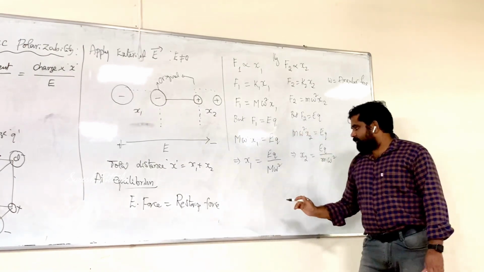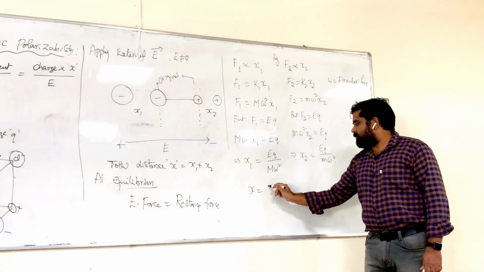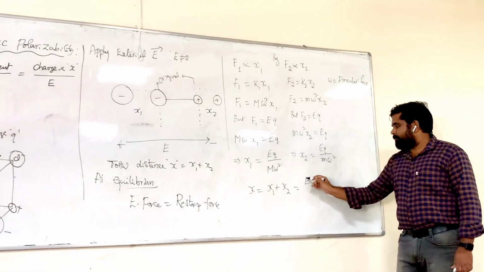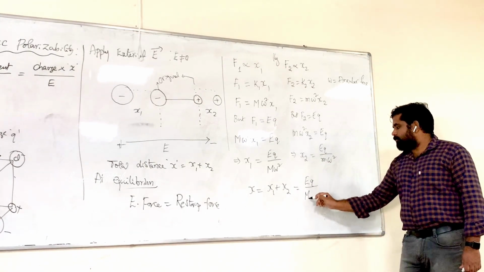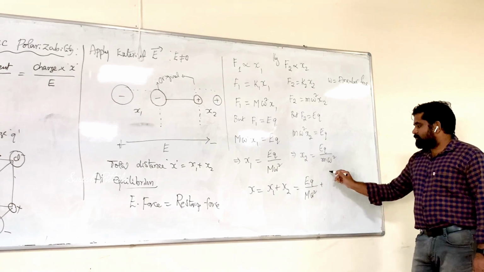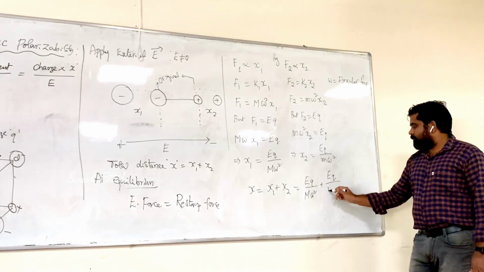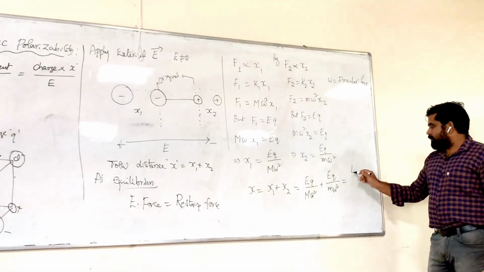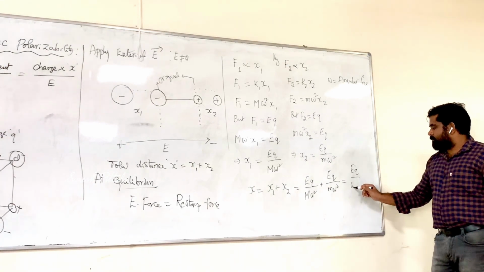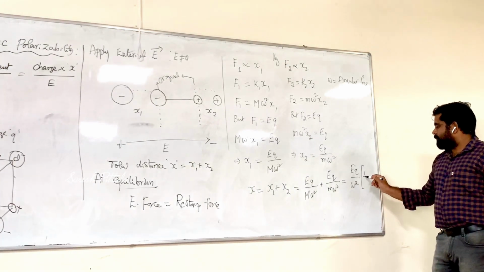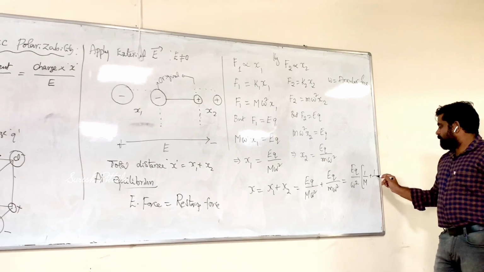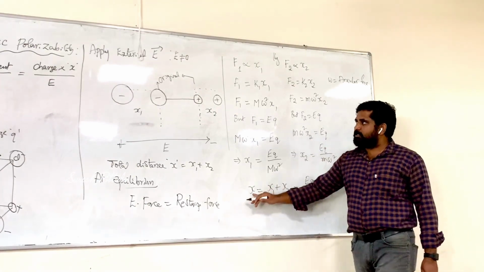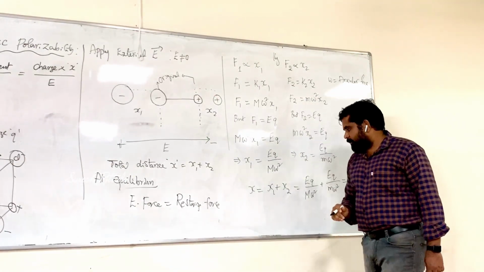Now, your total distance you want to know. So my total distance x is nothing but x1 plus x2. My x1 is EQ by capital M omega square, x2 is EQ by small m omega square, so EQ by omega square will come out as common. Then I have 1 by capital M plus 1 by small m. This is x. Once I know x, let us substitute there. What is your alpha I?